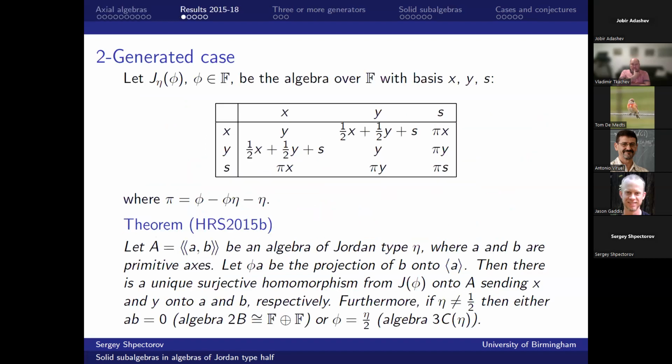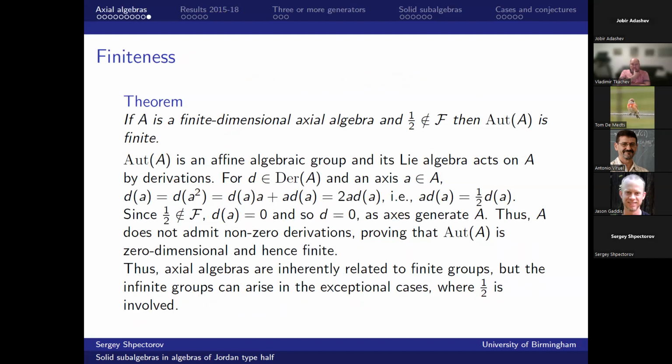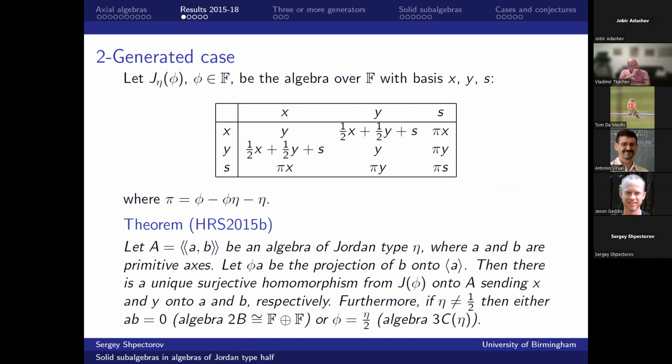Right. So now I will try to review what's known about the proof of the conjecture that we mentioned. Well, first of all, in the initial paper where the class was introduced, we classified the algebras which are generated by 2 x's. So they are strictly of dimension no more than 3 with a very simple multiplication table.